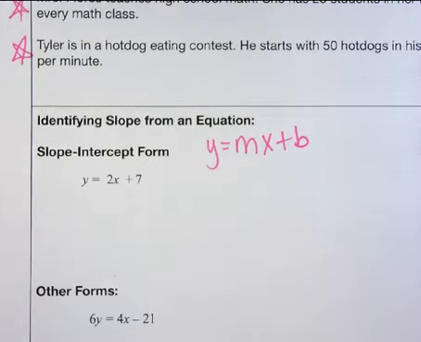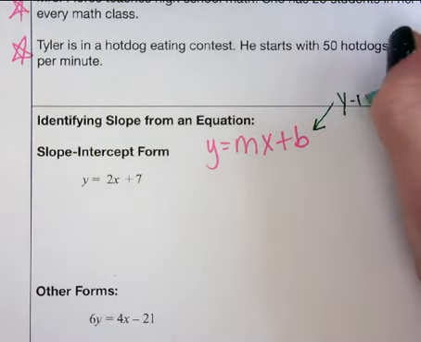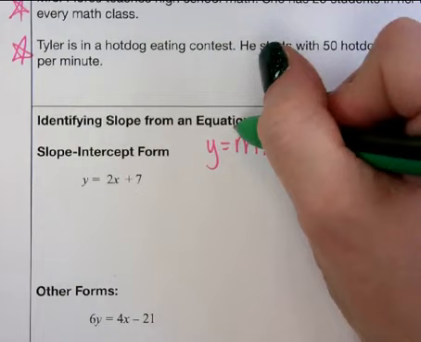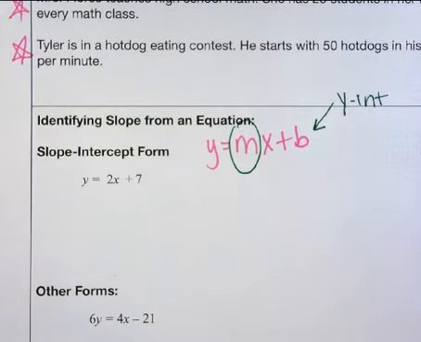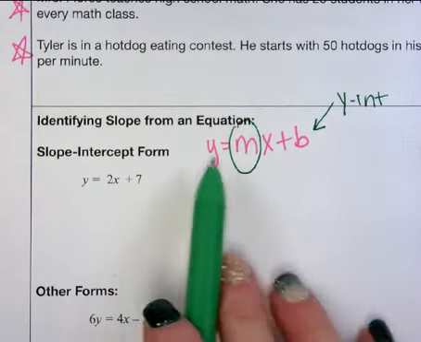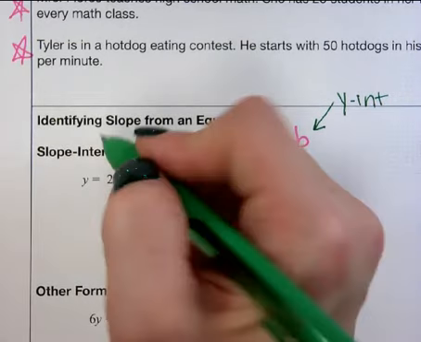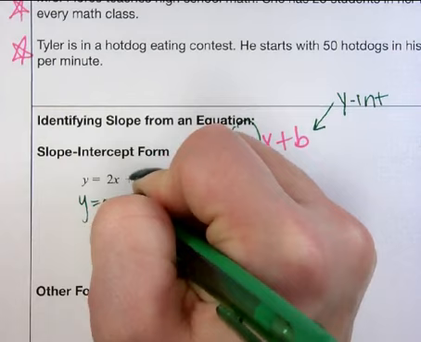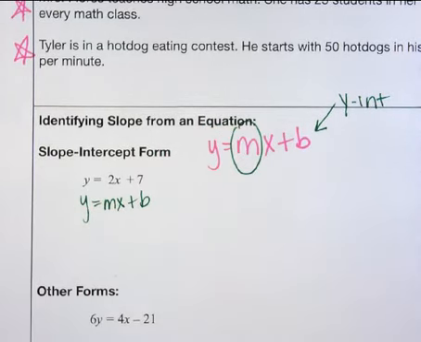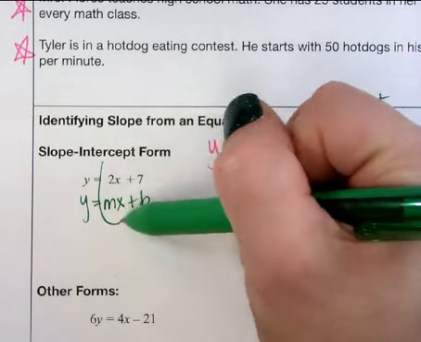Previously we learned that this is the y-intercept and that this is the slope. So if we can find the number in front of x, assuming that everything is in this order, then we know what our slope is. So y equals mx plus b. Here's that part.